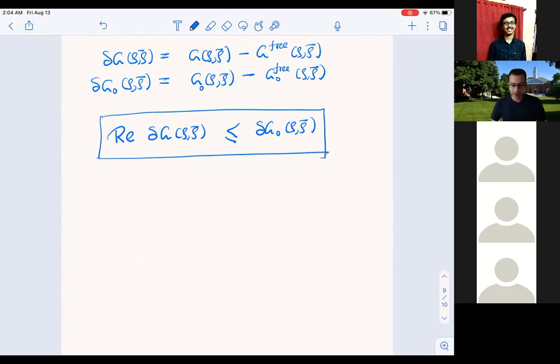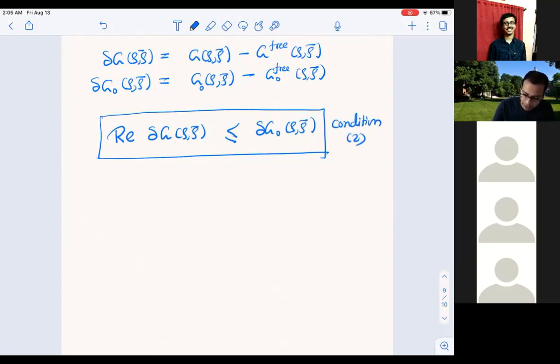Now, the good thing is the contribution from the free part of the action basically drops out. So that saturates this inequality. That means the difference of the left-hand side minus the right-hand side has information only about the interacting part of the effective field theory. So this is the second condition that I'm going to use.